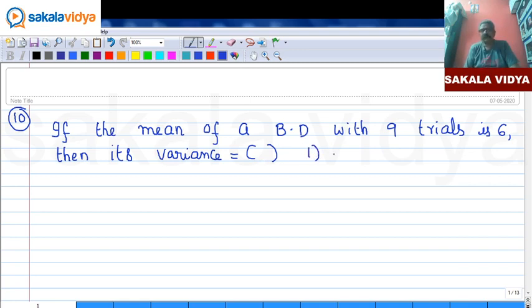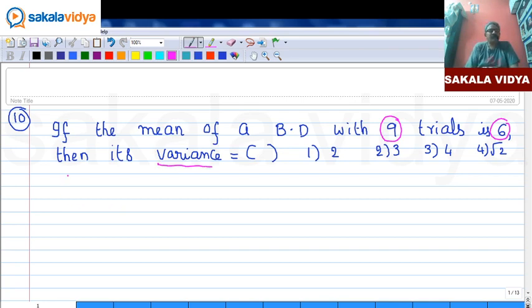First option is 2, second option 3, third option is 4, fourth option is root 2. The mean of the binomial distribution is 9, number of trials is 6. Then variance you need to find out.